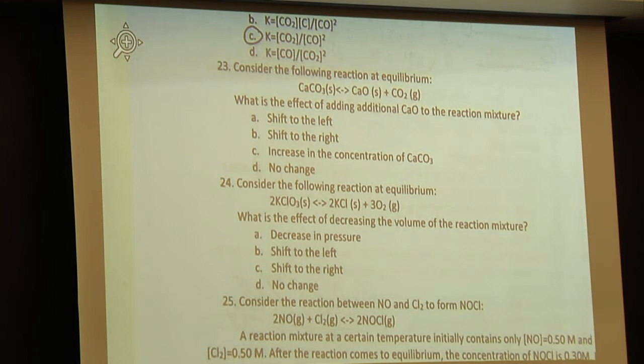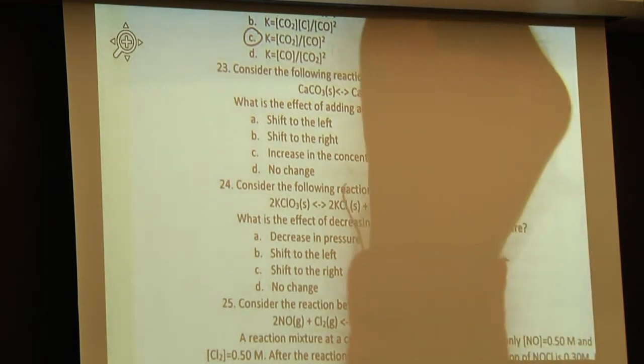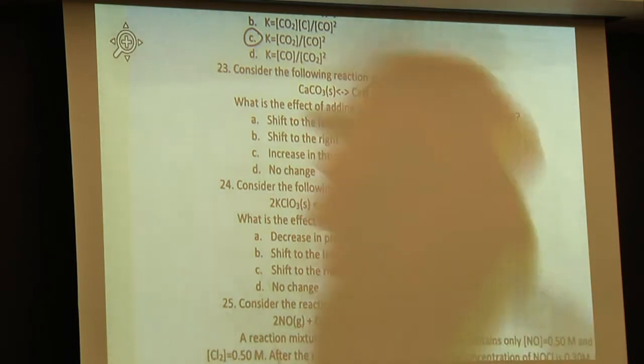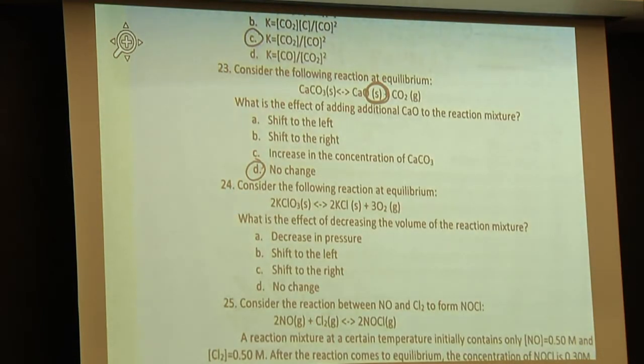What was the answer when we did the Kahoot? No change. Because why? Yes, because it's a solid. You need to keep in consideration your phases. But if it wasn't, it would be to the left. So 23 is D.